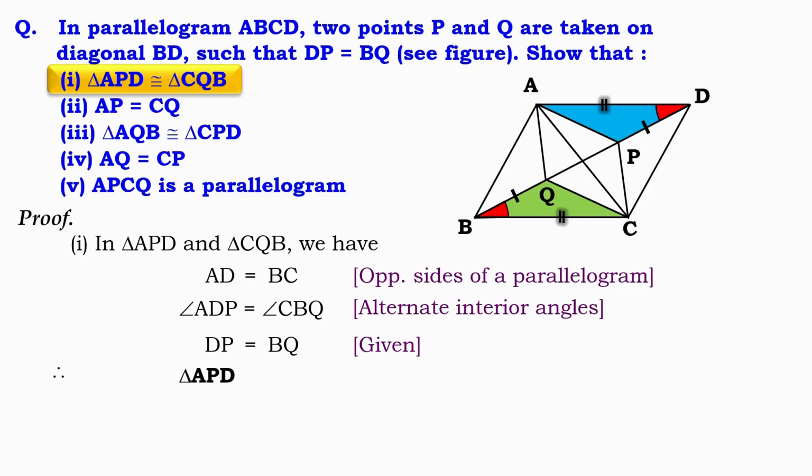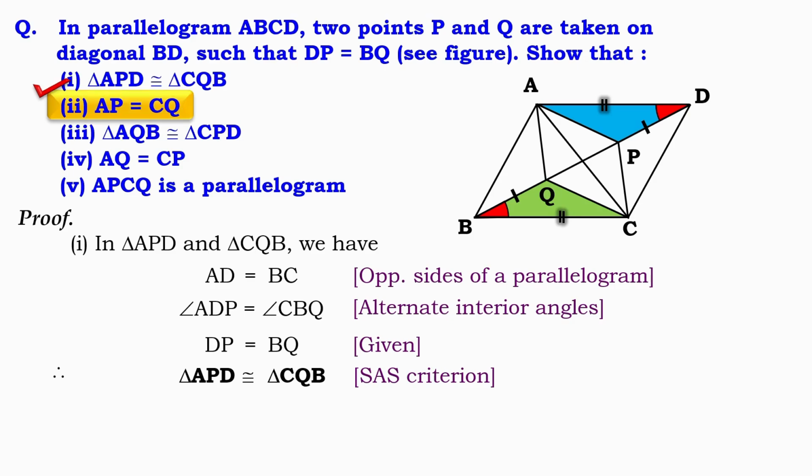This is given. So we can clearly say that by using SAS, I am reminding you once again, SAS means two sides will be equal and the included angle should be equal. Okay, then only we can apply the SAS criteria. So by using SAS criteria, triangle APD is congruent to triangle CQB. So the first part we have proved.